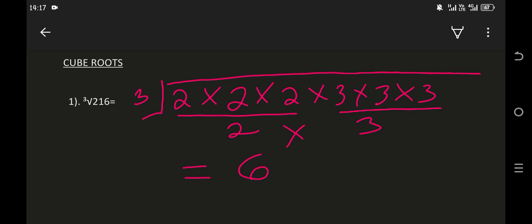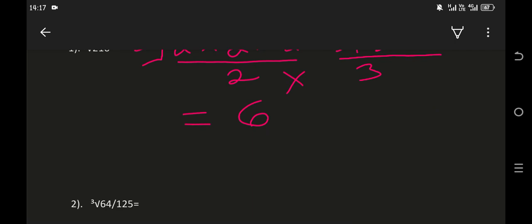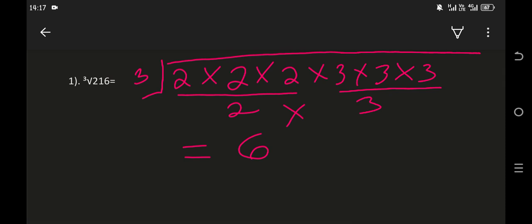So here we have 2 times 2 times 2. So from that group, we'll pick only 1, 2. Then we have 3 times 3 times 3. And from that group, we'll pick 3. So we'll be multiplying 2 by 3 to get 6. This means that the cube root of 216 is 6.